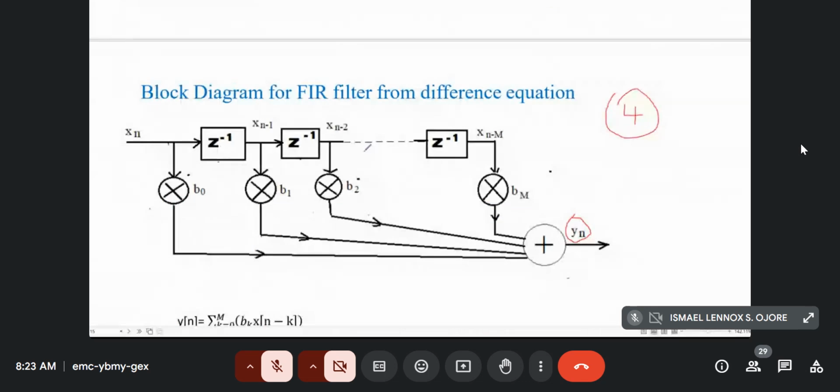So this is the characterization. If you want to build a filter, you come from the difference equations and then draw your block diagram. This helps you in the implementation.